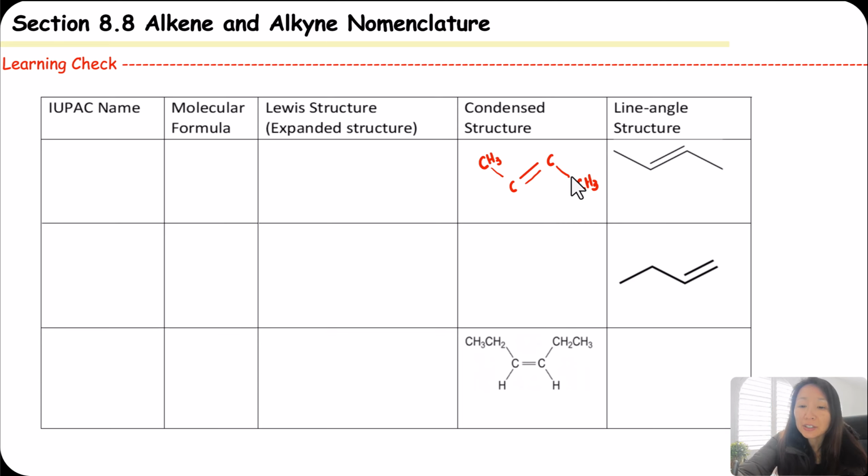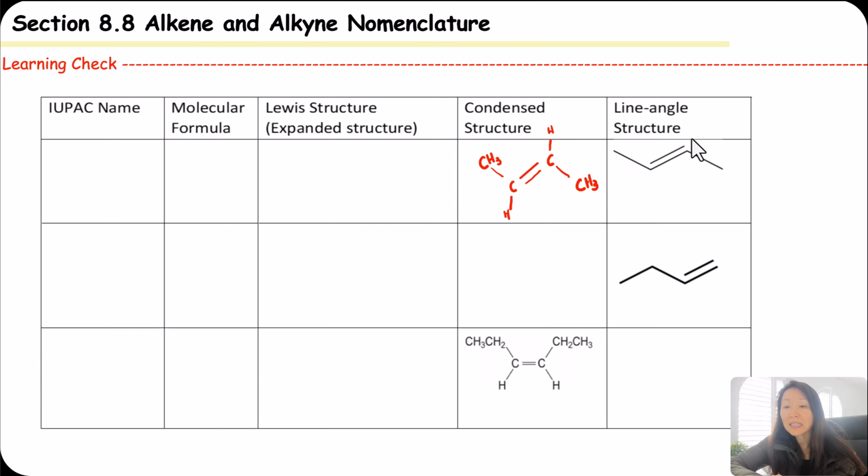But one hydrogen is going to be on top and the other one is going to be on the bottom. How did I know? Why couldn't I put the hydrogen down here, which would have been a different type of alkene?